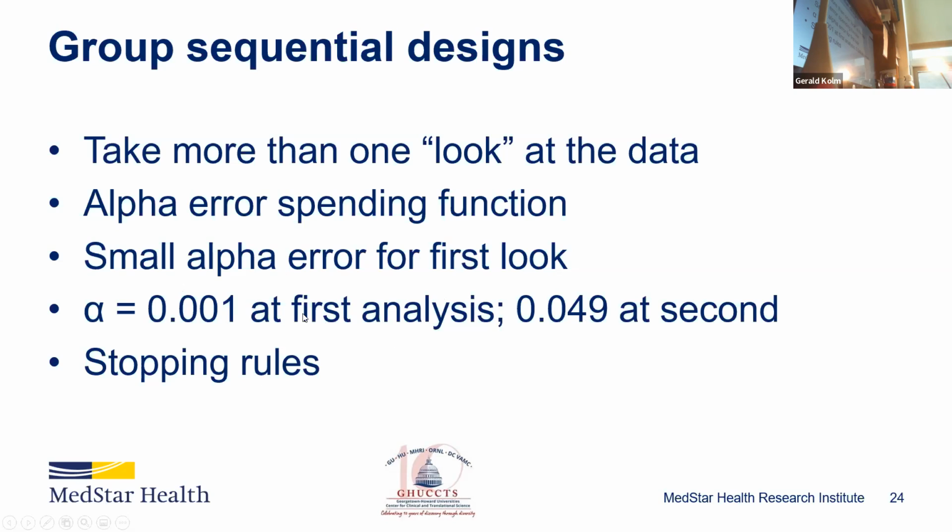But that's the basic concept behind group sequential designs, where you have more than one analysis. And so what you do in this is you develop stopping rules. That is, can you stop the study before you get to the end of the study?